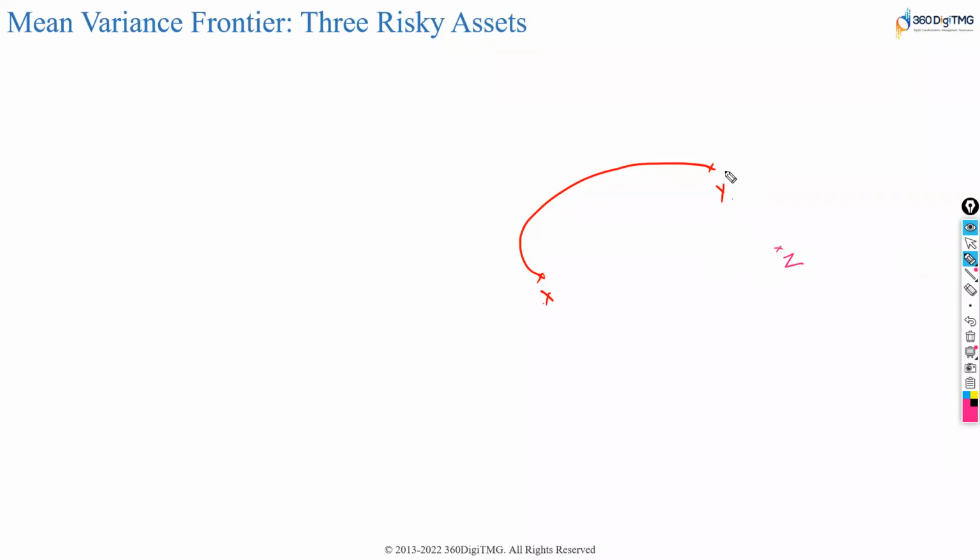Let me call it Z. So the efficient frontier between these two would be like this. Efficient frontier between these two would be like this. Efficient frontier between these two are anyways given. Put C here.